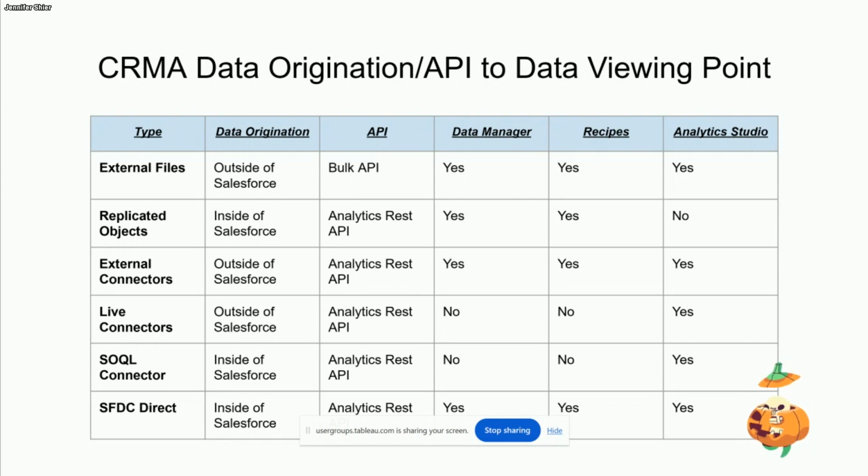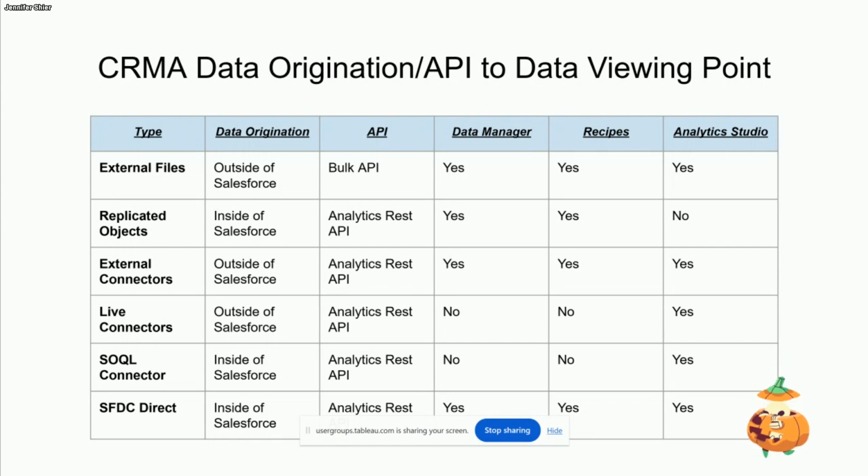And then we have a SOQL connector. And this one was confusing for me too. I'm like, wow, how are we live querying Salesforce from CRMA? It's magic. I don't understand how this is happening, right? All the SOQL connector is doing is going from your dashboard and out to your Salesforce instance.